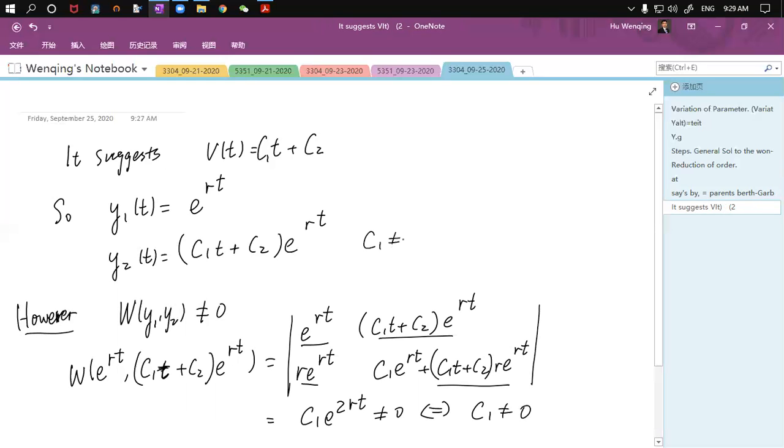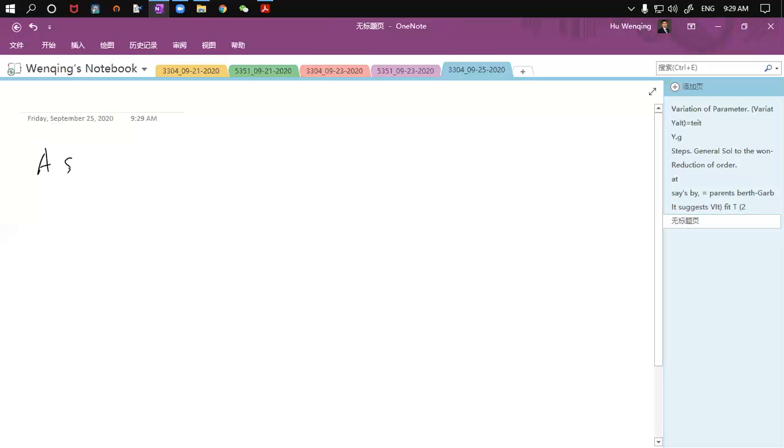So that means when you find a second solution, you cannot just find a constant multiple of the first solution. It has to be c1t plus c2, where c1 is never equal to 0. Is that good, family? Okay, so finally, it suggests a fundamental solution.